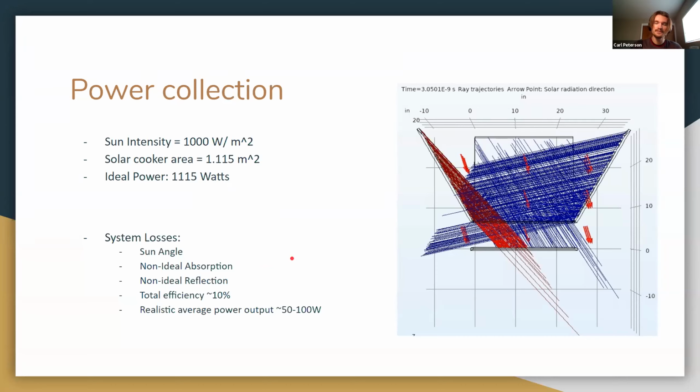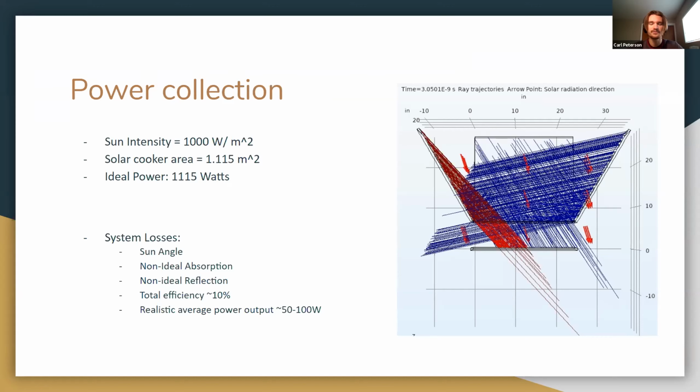This image is simulating a latitude similar to ours in New York. The angle here is much less ideal than in the other image, and the intensity is much less. Non-ideal absorption is also a factor because we're using a black cloth to absorb the rays that enter the box, and non-ideal reflection is a factor because it'll be aluminum foil.